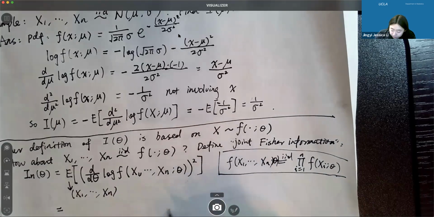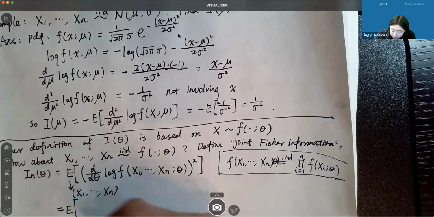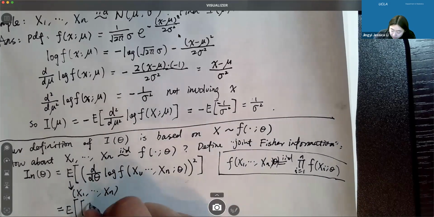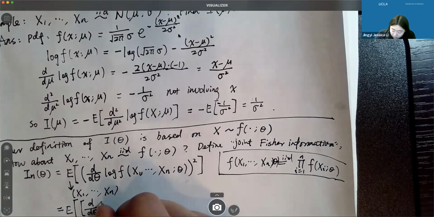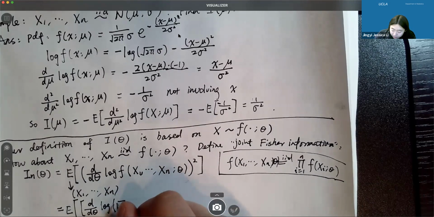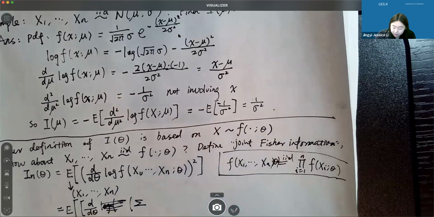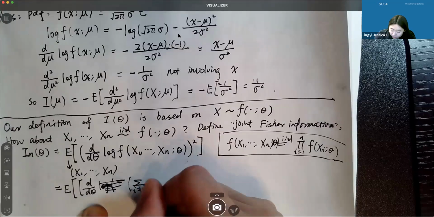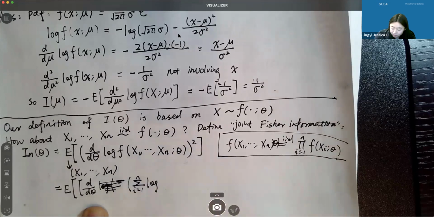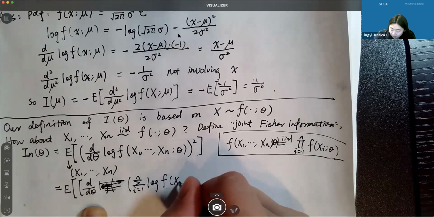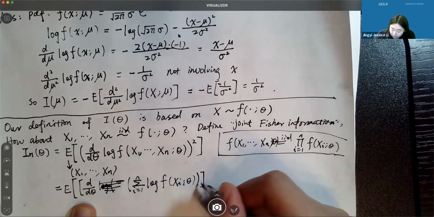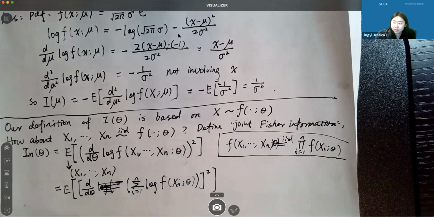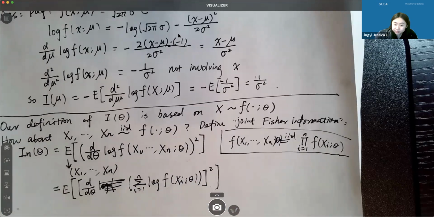So therefore, this is equal to the derivative with respect to theta of the sum, i from 1 to n, of log f of xi given theta, and this thing squared. Does that make sense?